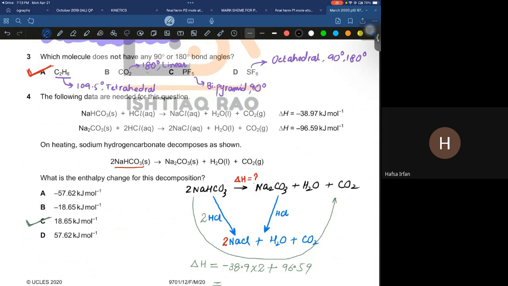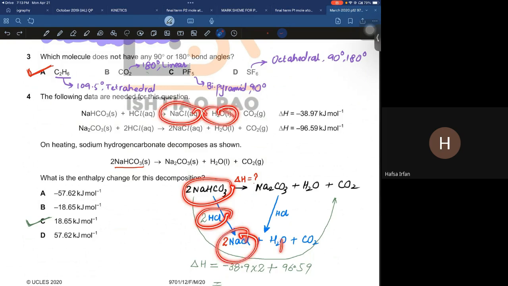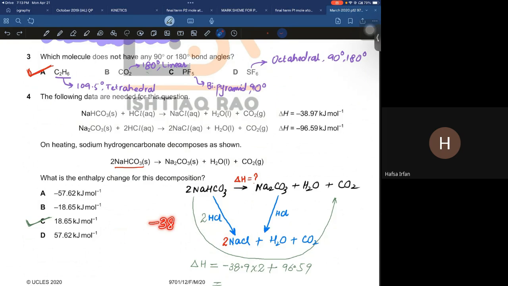This is your required equation: 2NaHCO3 gives Na2CO3, H2O and CO2. NaHCO3 reacts with HCl to form sodium chloride, H2O, and CO2, and the value is minus 38.97 kilojoules.